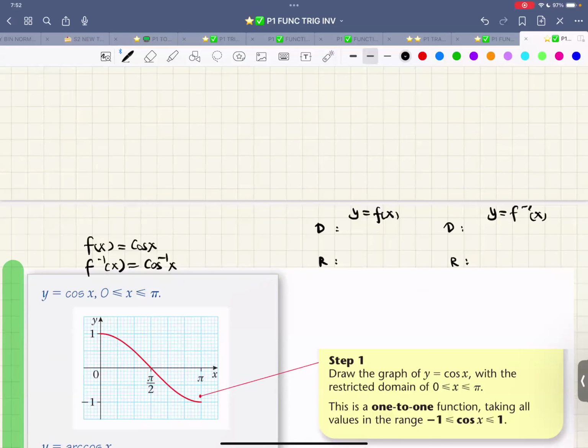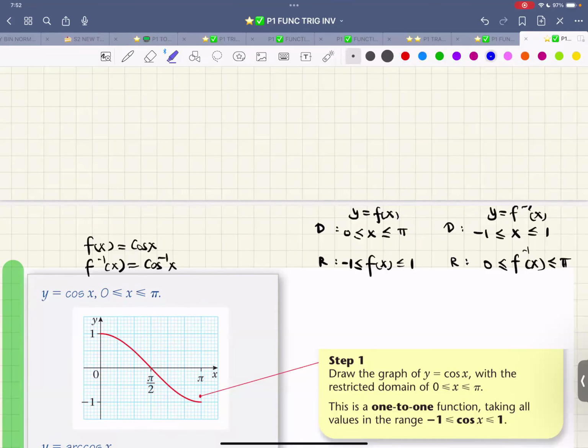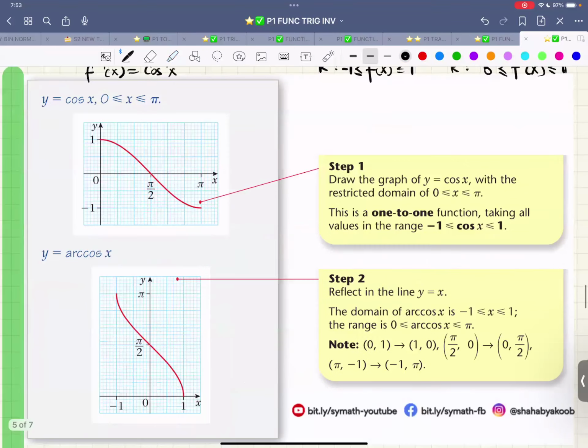So now the domain is x between 0 and pi. And this will become f inverse x lying between 0 and pi. The range is f(x) lying between -1 and +1. The domain of the inverse would be lying between -1 and +1. So domain becomes the range, range becomes the domain, that is the flip-flop. So all got all clear?